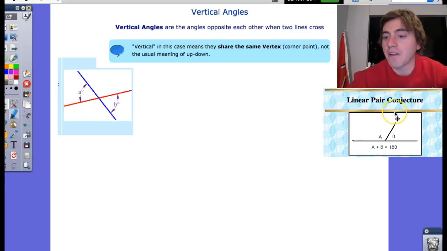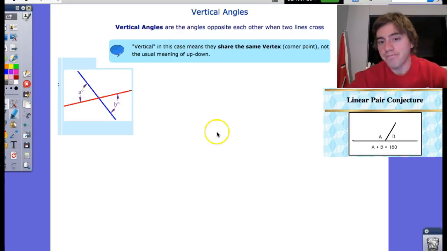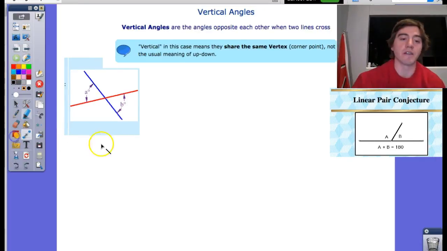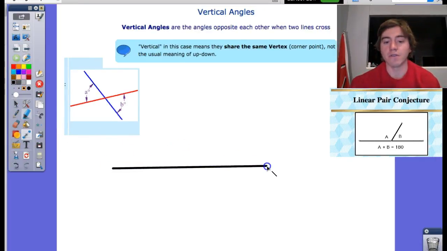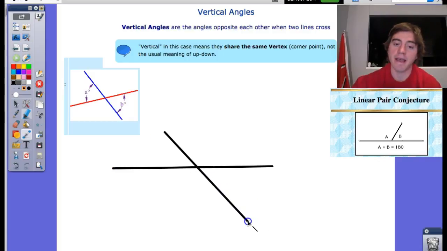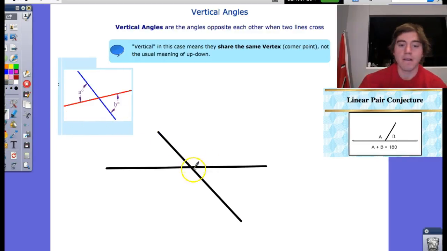All right, I left our linear pair conjecture here because that's going to be important for what we're talking about when we're dealing with vertical angles. So remember that this is 180 degrees right here. This is a straight angle, right? Let's say I cut that. I'm going to give you one of the angles. Let's say this is 40 degrees.